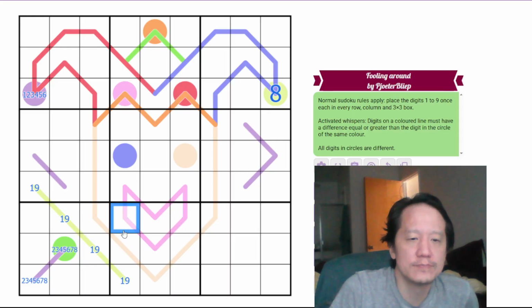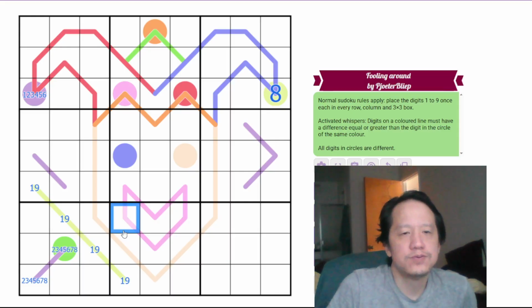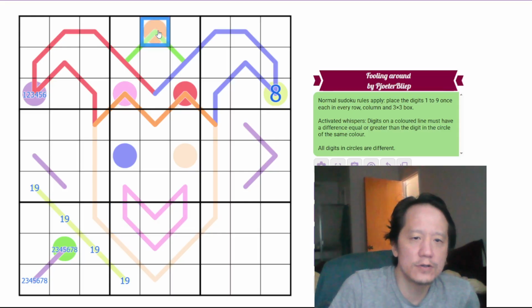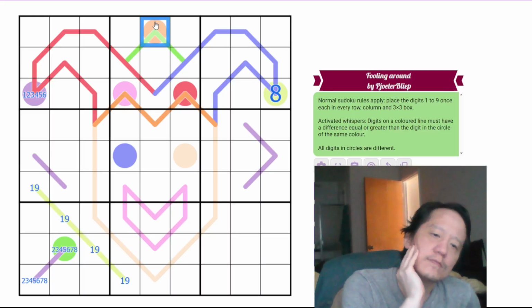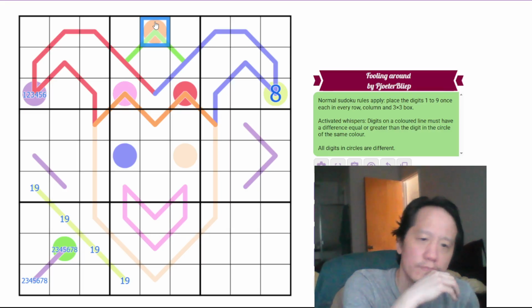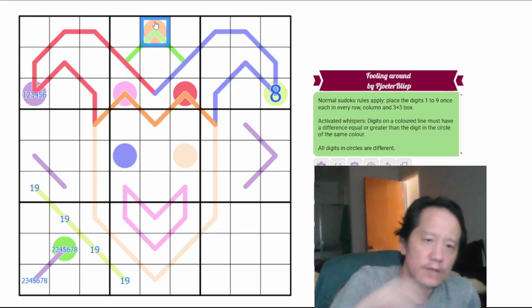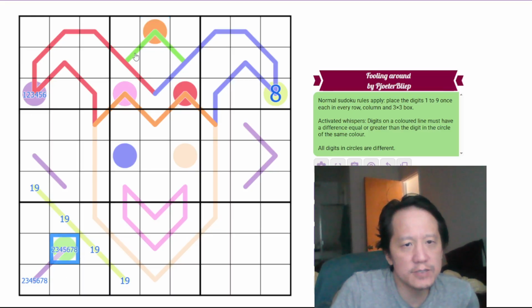Let's see. So the 7 is either here or it's here. If it's here, if the 7 is green, this has to be 9 with 1 or 2, or 1 with 2 or 9.